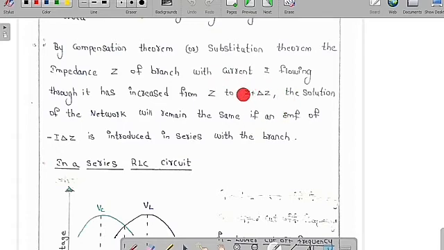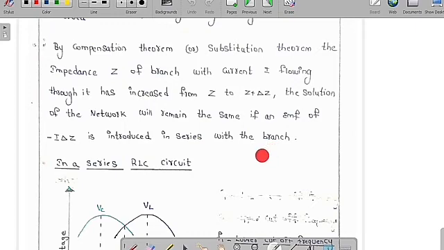So if this impedance is increased to Z plus delta Z, then we have to substitute another parameter, a small EMF of minus I into delta Z. Then overall it will remain the same as the previous one, and we are going to get the same result for the remaining circuit also. So by the compensation theorem or substitution theorem, the impedance Z of a branch with current I flowing through it has increased from Z to Z plus delta Z. The solution of the network will remain the same if an EMF of minus I delta Z is introduced in series with the branch.